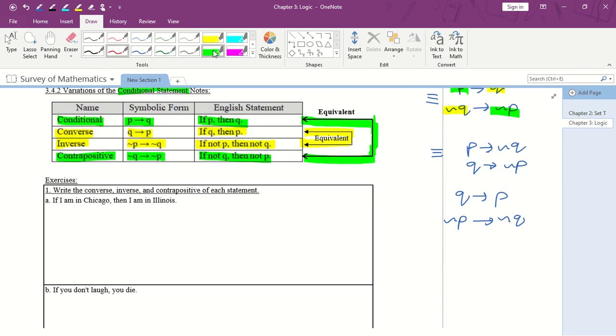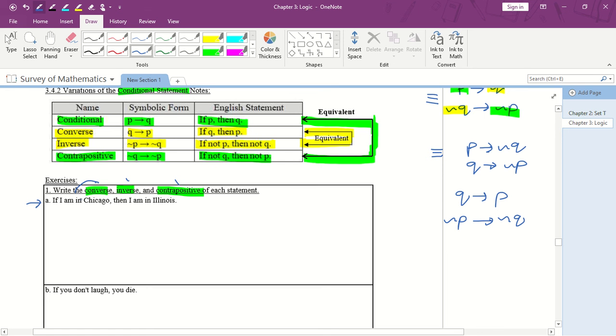Write the converse, inverse, and contrapositive of each statement. Okay, so what we need to do now is, this is the conditional, and we need to write its converse form, inverse form, and contrapositive form.